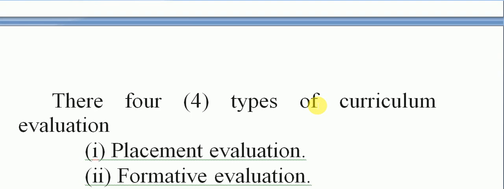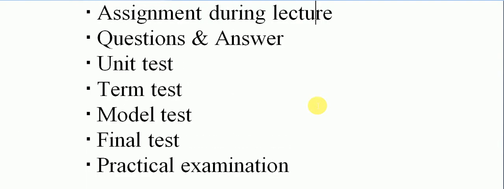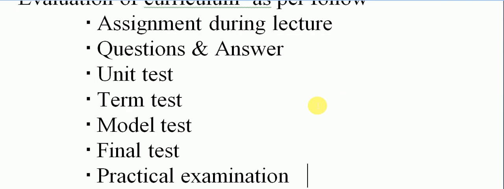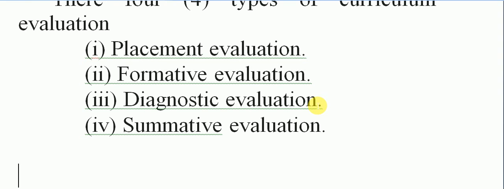There are four types of curriculum evaluation. So it is the fourth step, the evaluation of the curriculum, and the last one is the four types of curriculum evaluation. One is the placement evaluation.